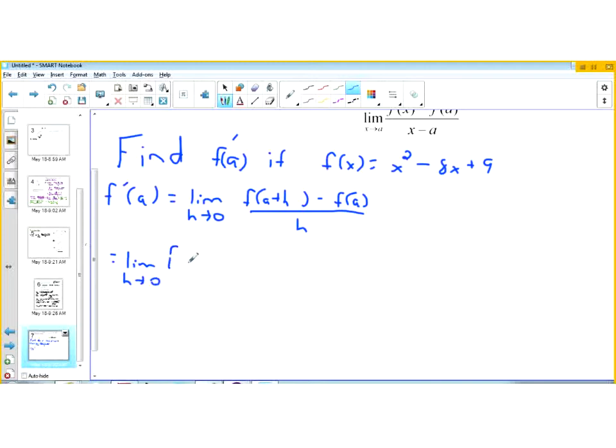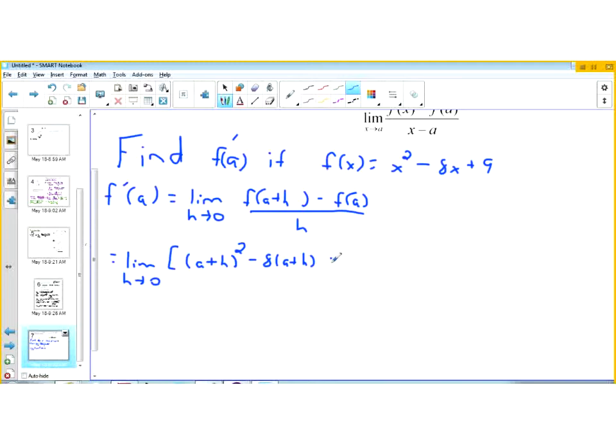So this is equal to the limit as h approaches 0 of, I'll plug a plus h into f.